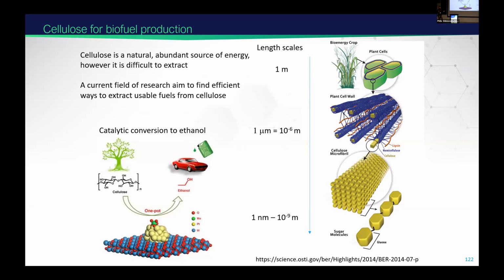An overarching theme of our motivation is to extract more usable energy and biofuels from cellulose. Cellulose is a naturally abundant material and could be a good source of energy.